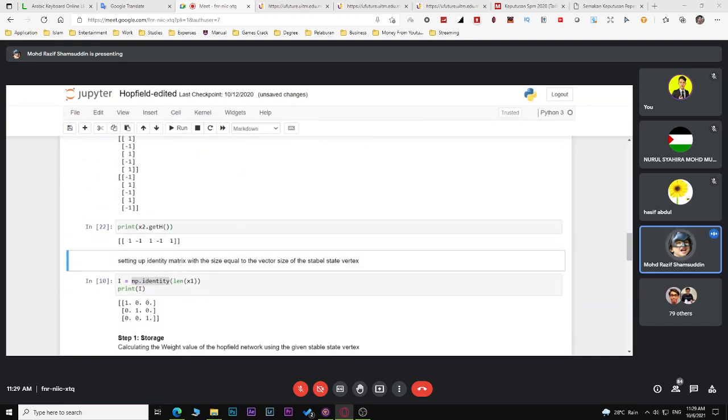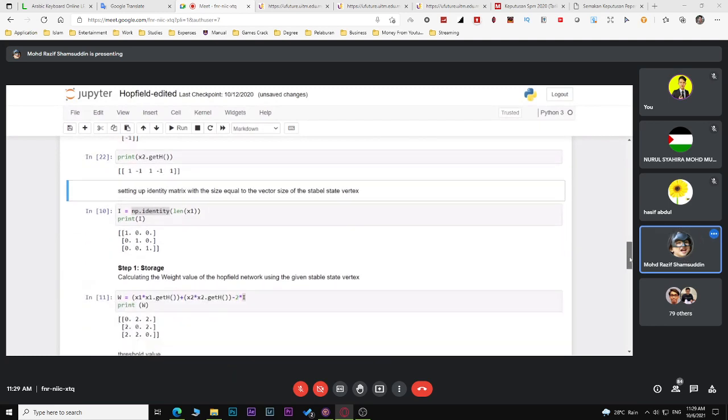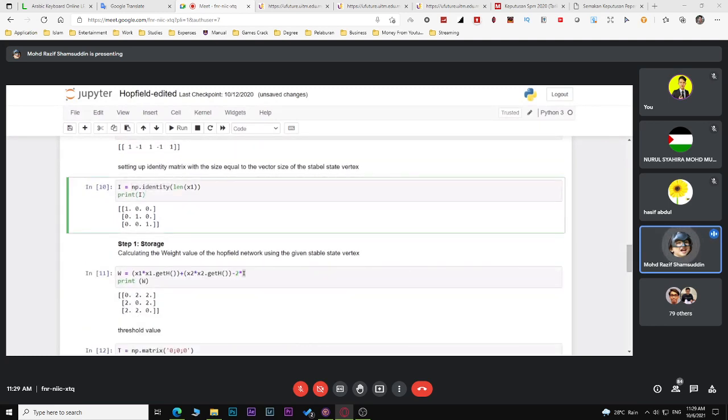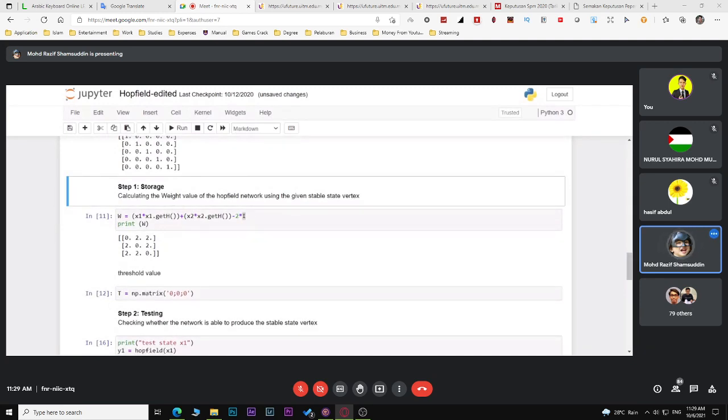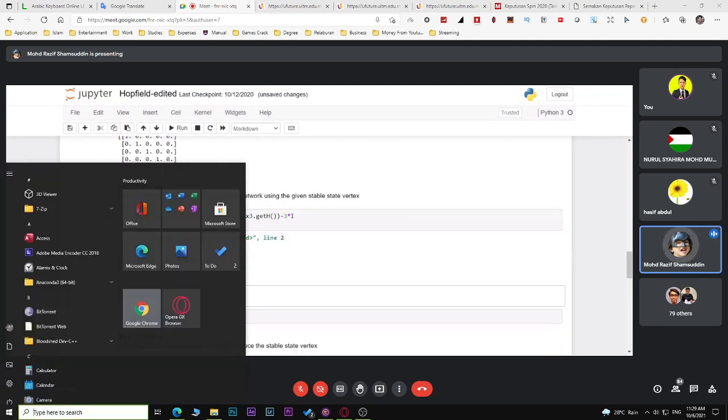Lepas tu, ni dia punya transpose version. Yang ini adalah identity matrix dia, ada 5. Lepas tu kita kena tambah sikit kat sini sebab kita ada lagi satu state kan, X3 kan, 3. So ini pun jadi 3 juga sebab kita ada 3.